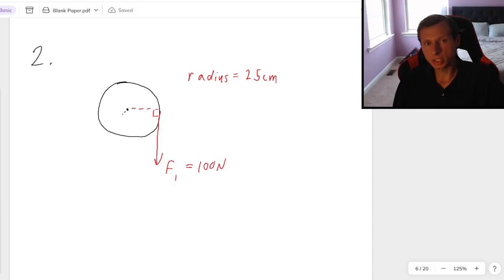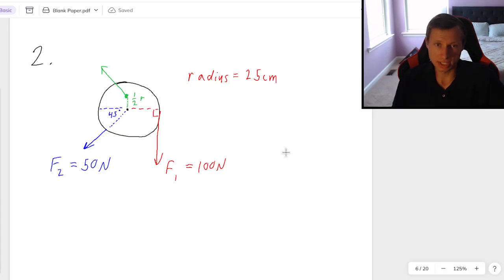My second force is going to be at an angle, let's say 45 degrees, and that force is going to point straight out like that. F2 equals 50 newtons. And then finally for F3, F3 is going to point out like this. This distance is going to be 1/2 r away from the center, in other words, 12.5 centimeters.